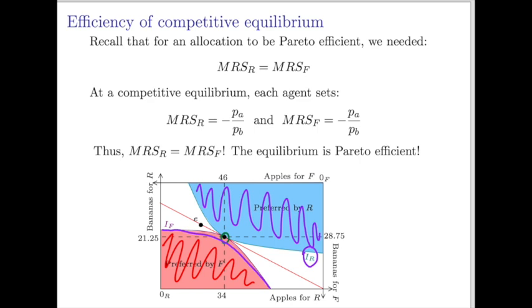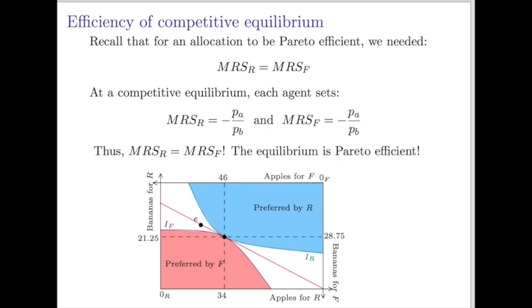So what we see from this picture is that anything that Rob thinks is better than this equilibrium allocation is worse for Friday, and anything that Friday thinks is better, so any point here, would be an allocation that Friday thinks is better, but Rob is worse off. So we see then indeed that this equilibrium allocation is Pareto efficient.